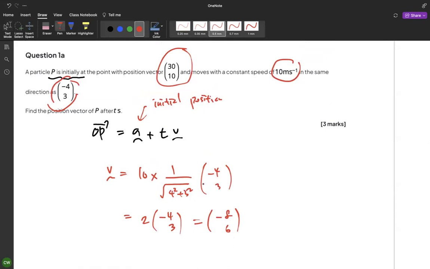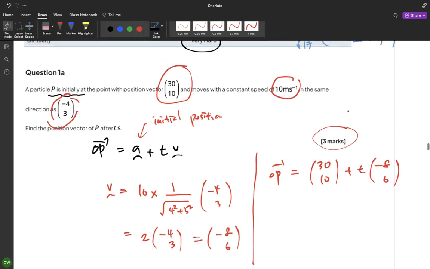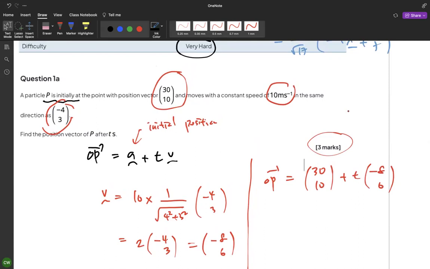Okay, this is how we can get the velocity. You understand? Take the initial position, then come back to this position vector again. Initial point is 30 and 10 plus the time multiplied by velocity. Are you okay with this? That's all, this is the formula. You take the initial position and find the vector for velocity. Sometimes they will not give it directly.